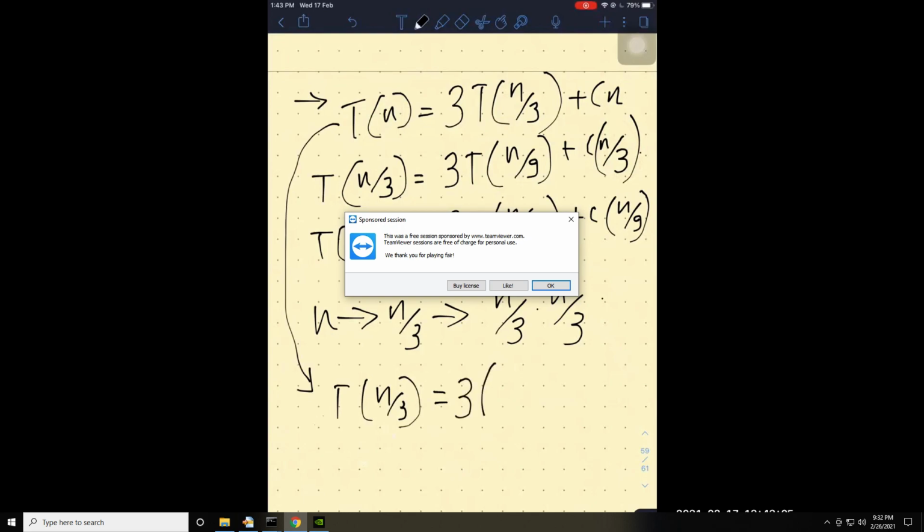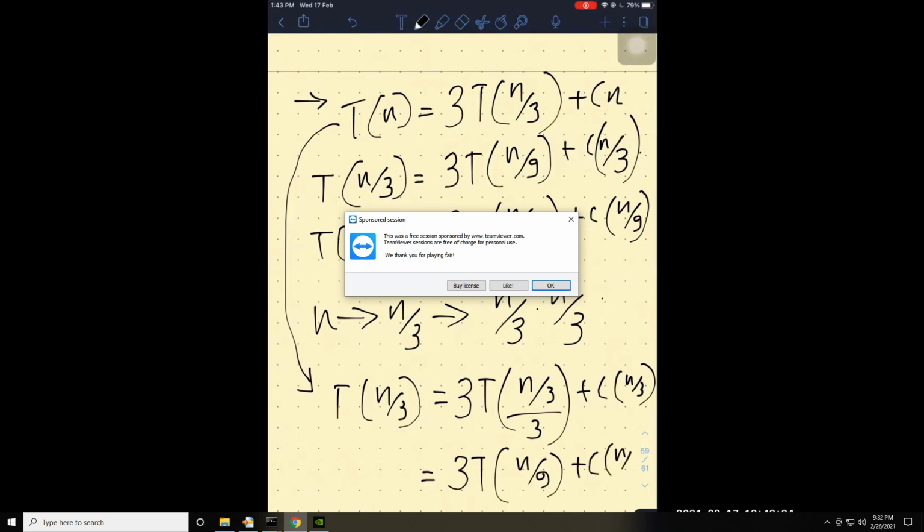Then we will get n divided by 3, this entire thing divided by 3, plus c of n divided by 3. So this will become n divided by 9 plus c of n divided by 3. Is it clear how we are getting those terms? Any other question?